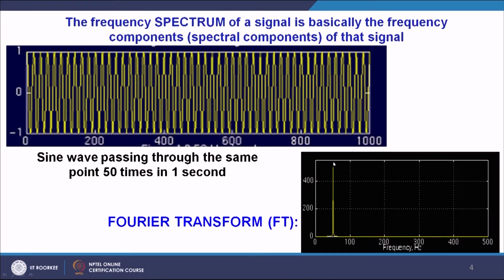The signal we gave here, 50 times in a second, came out as the peak in the fast Fourier transform. So, once we have some time dependent data and find its fast Fourier transform, it gives us the dominant peak, where its characteristic lies.